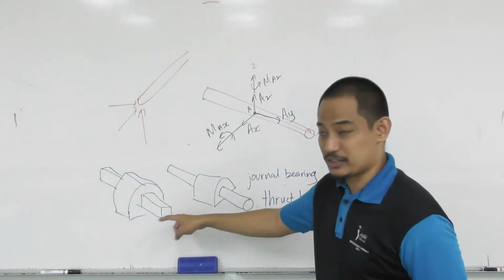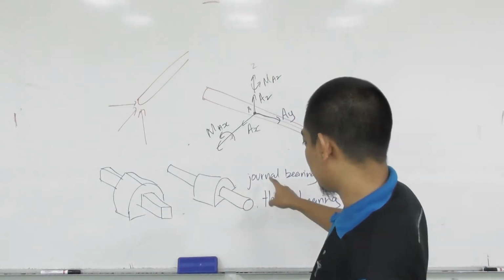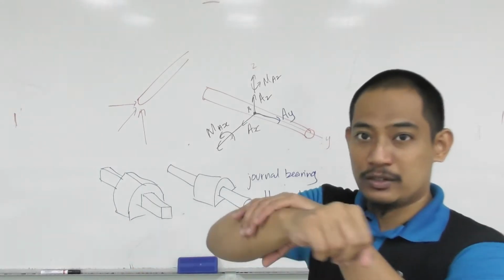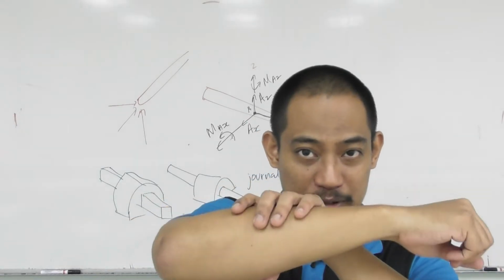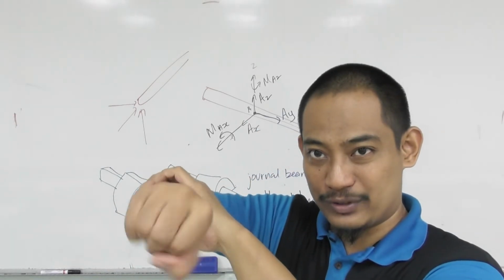When it is a square shape, let's say it's a general bearing with a square shape, you can slide this way, but because it's square, you cannot rotate.